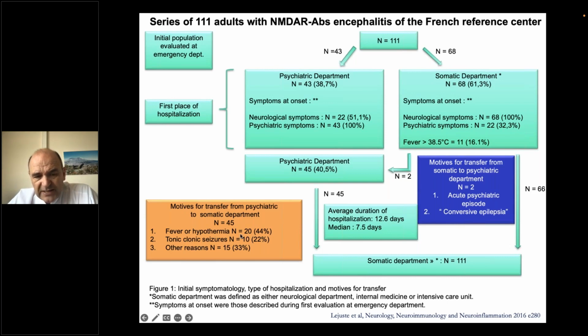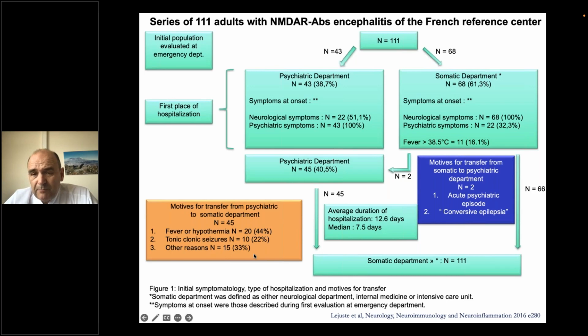22% developed clonic seizures, and 33% had other reasons, if the family insists to have other examination, EEG abnormalities, MRI abnormalities, or only abnormal movements or neurological suspicion of something.